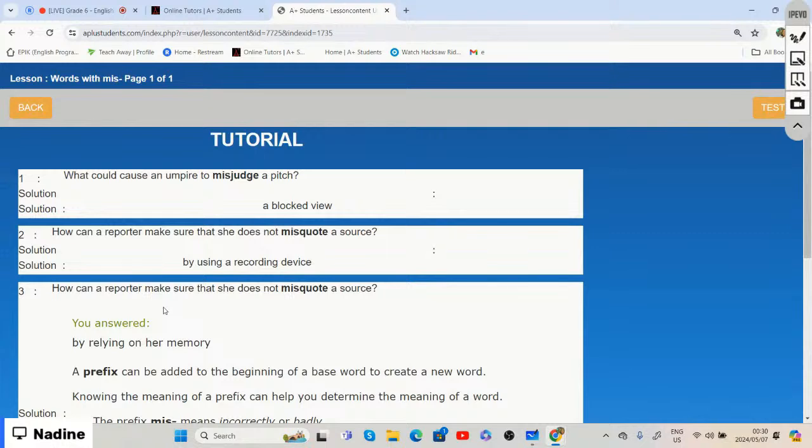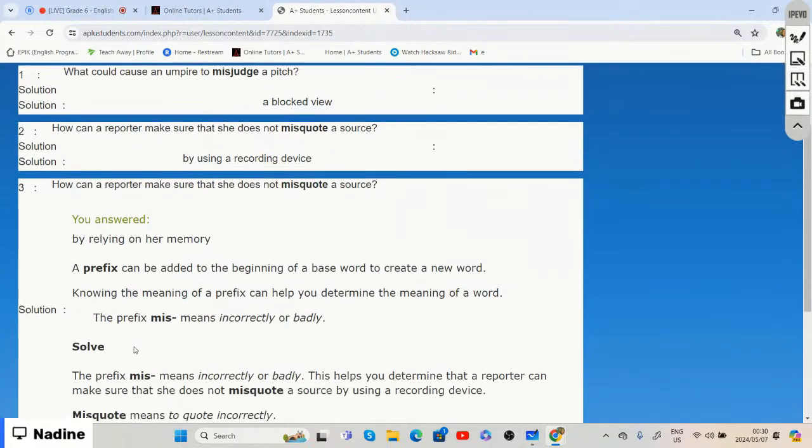But when it comes to quoting, the reporter needs to directly repeat the words that you said as a person. So in order to not misquote a source, he or she can use a recording device. By recording the conversation, it will be much easier to quote word by word what the person said without quoting it incorrectly.